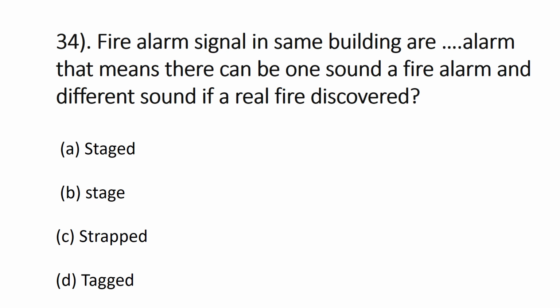If there is a real fire, it will also give a different type of sound. The options are stage, strap, and tag. The right answer is stage. There are various stages of the alarm in a building. Let's read it: fire alarm signals in the same building are stage alarm. That means there can be one sound of fire alarm and a different sound if a real fire is discovered.